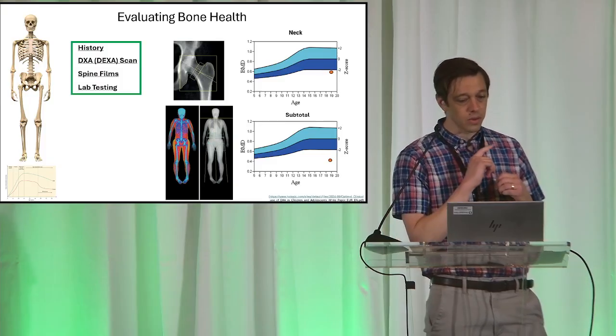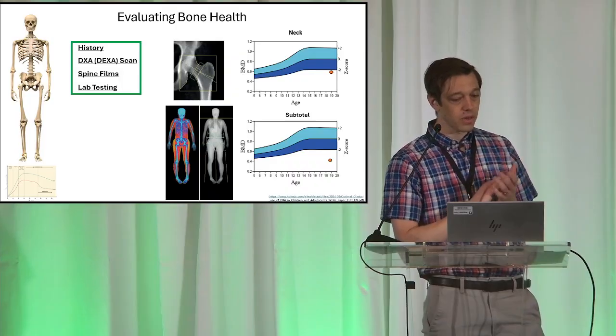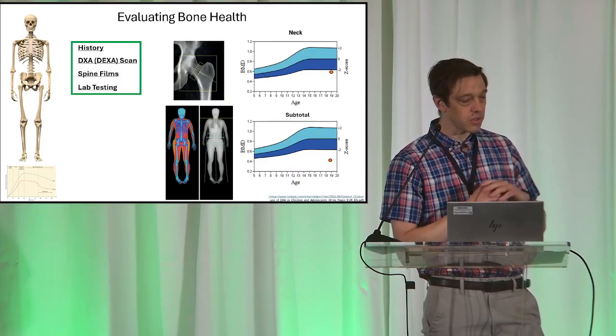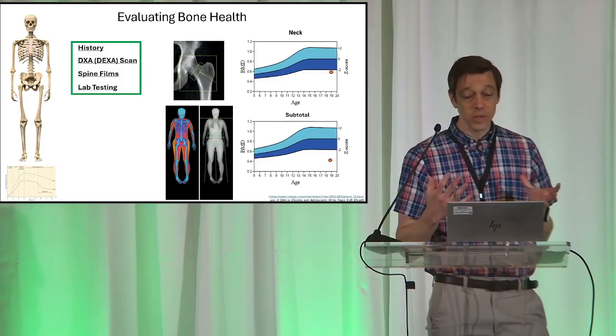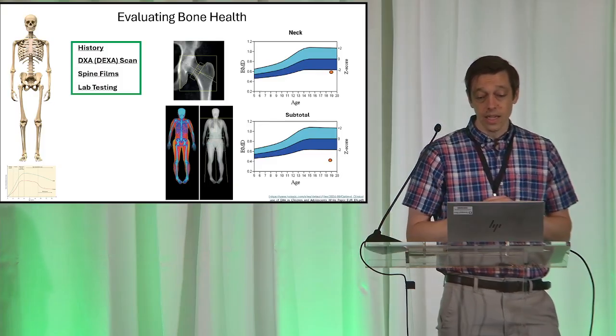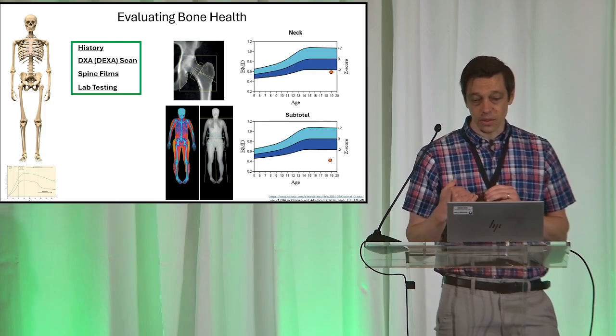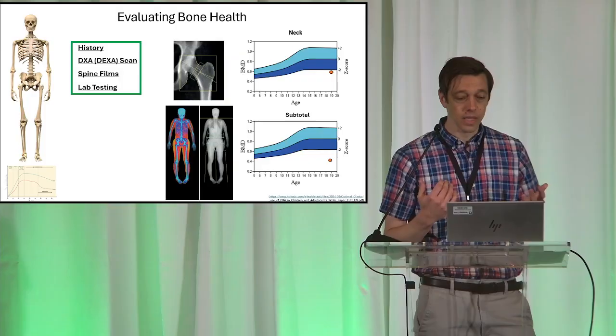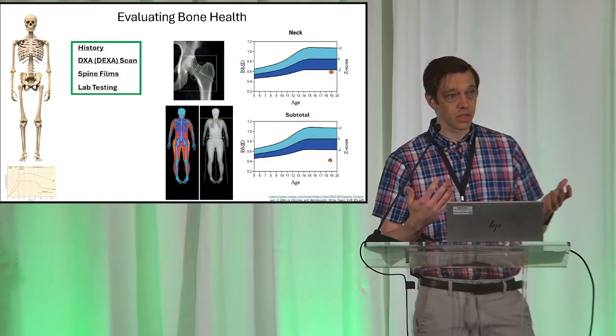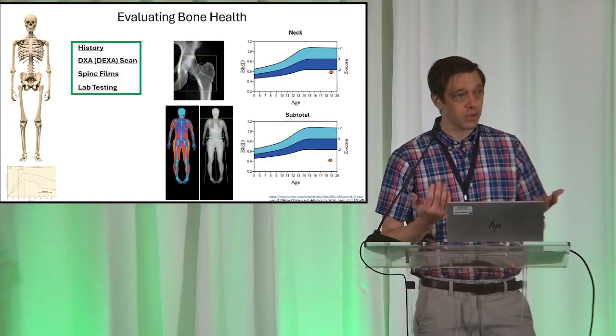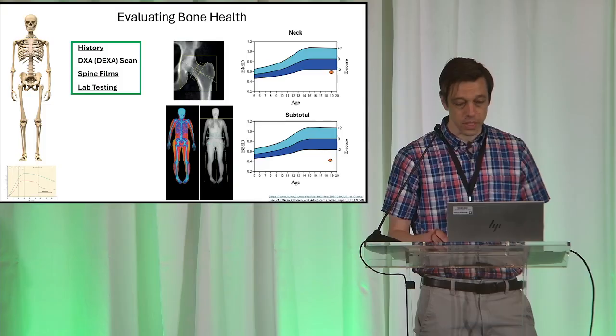You can see that her orange mark falls just outside that -2 standard deviations. And when we look at her total body bone mineral density, we can see that it's low as well. So this is an individual who has reached adulthood. What options do we have? What can we do at this point?